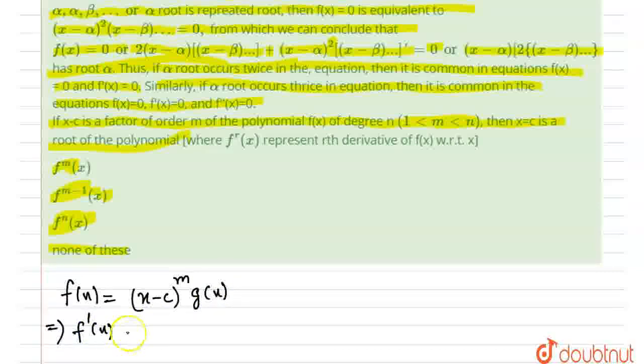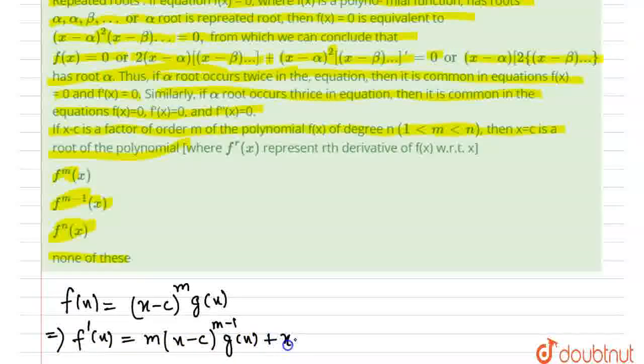f'(x) would be equal to m times (x - c), just differentiating the first thing, power m - 1 times g(x), plus (x - c)^m times g'(x).